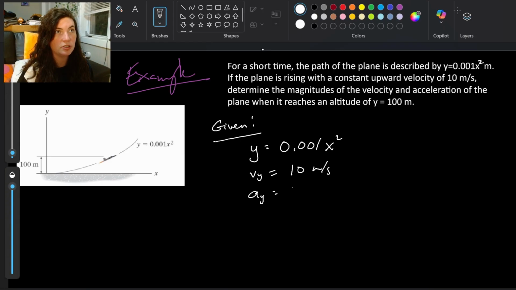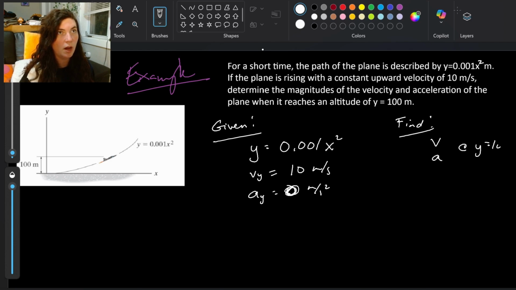Acceleration equals 0 in the y direction. And what we want to find is our magnitude of velocity and magnitude of acceleration at an altitude of y equals 100 meters.